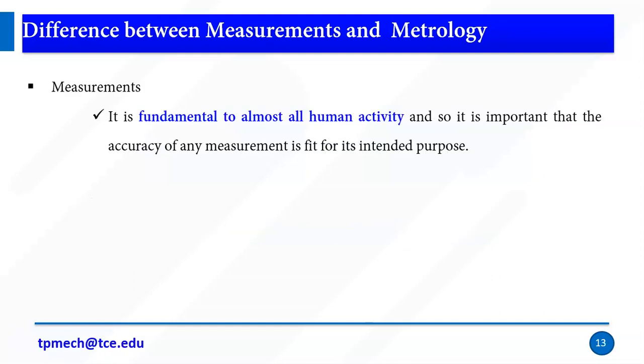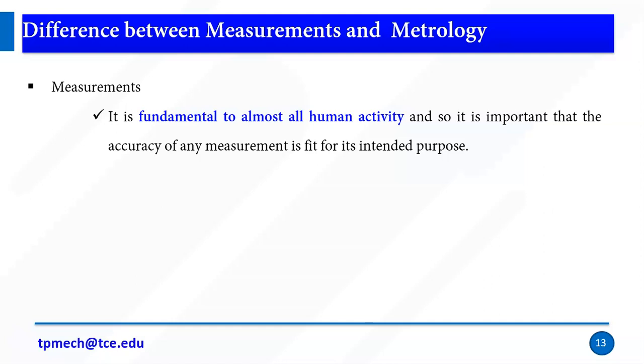Again, measurement is fundamental to almost all human activity, and so it is important that the accuracy of any measurement is fit for its intended purpose. For example, only if your watch is in good condition can you tell the correct time. Timing is fundamental.